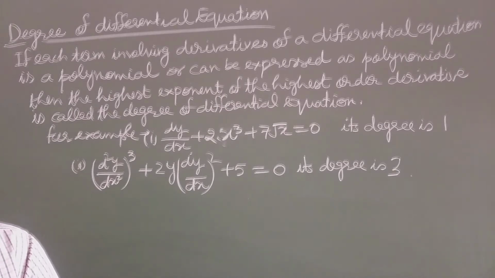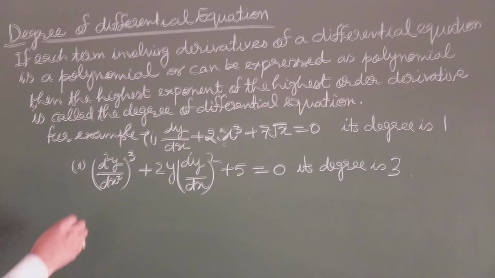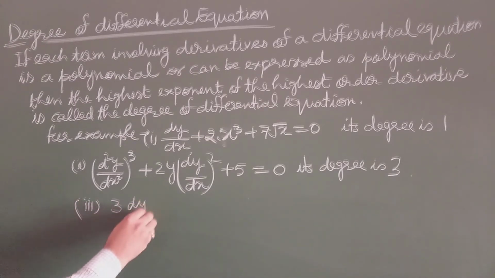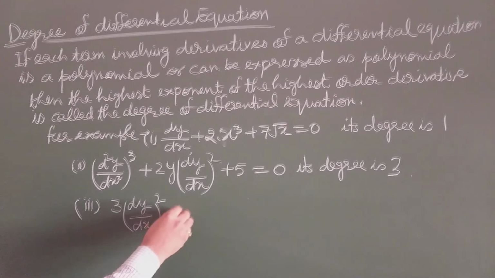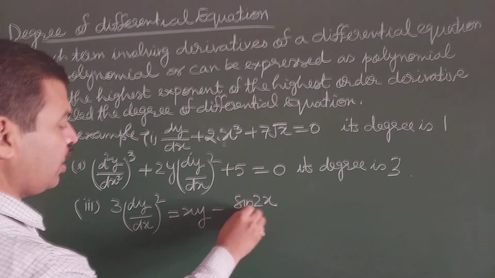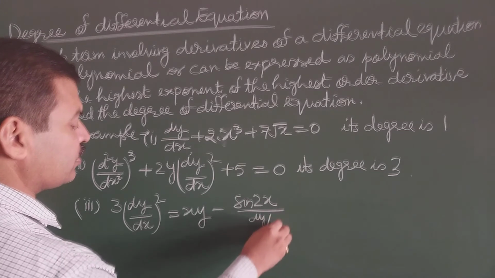Now let us take one more example. 3 dy upon dx whole square equals to xy minus sine 2x upon dy by dx.